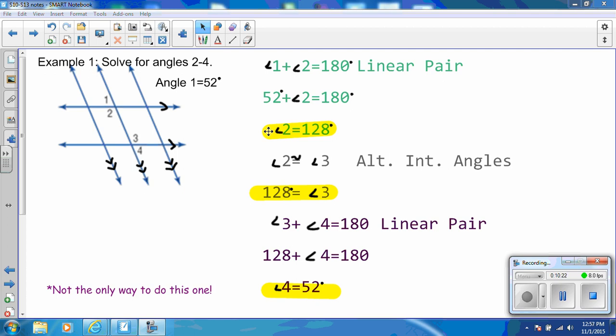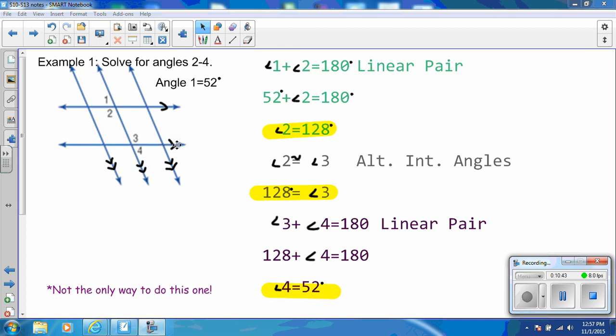Now that I have that information, I can see what other angle angle 2 has a relationship with. I see here angle 2 and angle 3. Those are alternate interior angles. They're both inside of this parallel line and this parallel line.